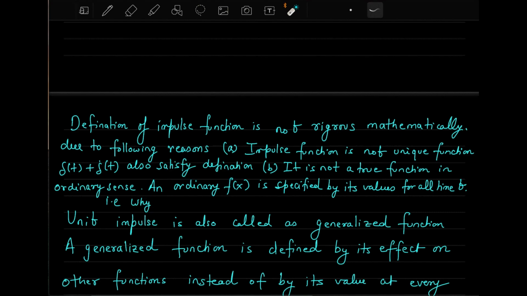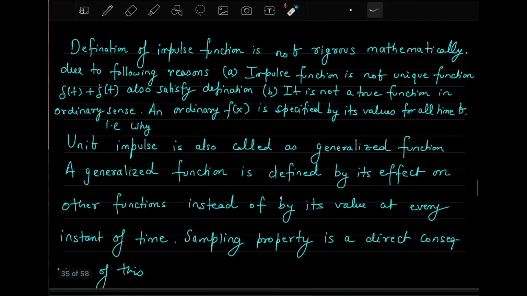The second reason is that it is not a true function in the ordinary sense. An ordinary function which you normally observe in mathematics is specified by its value for all time t. This is not defined like that. That is why unit impulses are also called generalized functions.